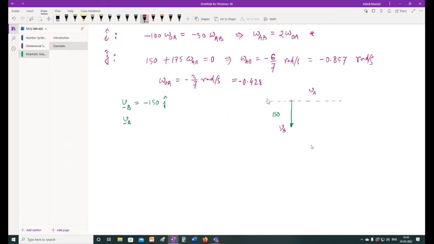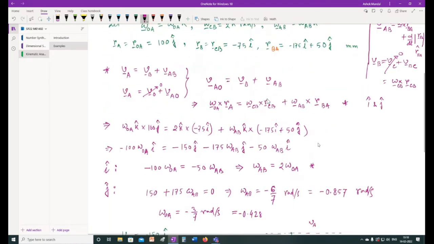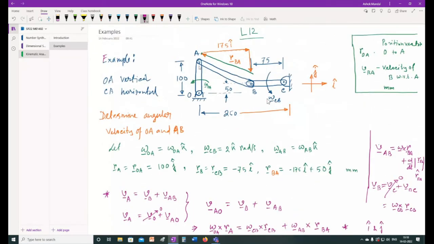Okay. Now, what else is known to us? From this coupler, something is known to us. What is that? Point A's velocity with respect to this coupler.